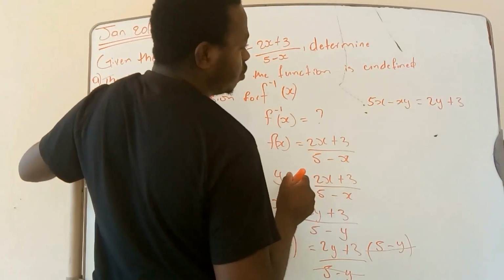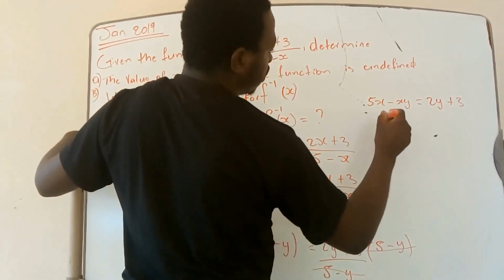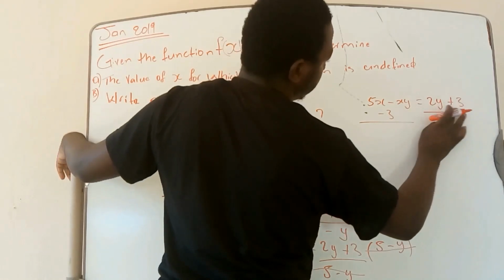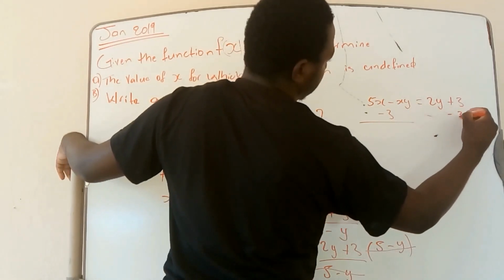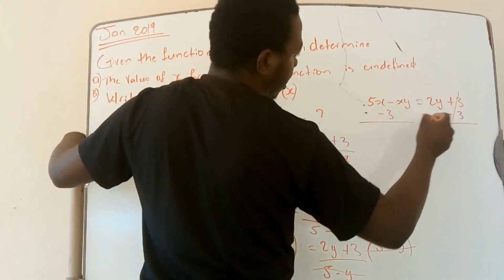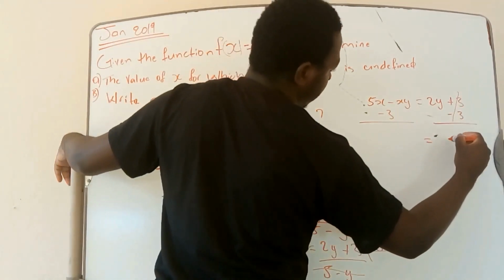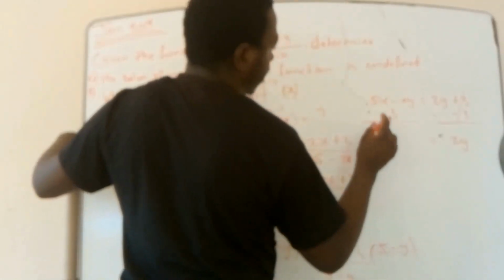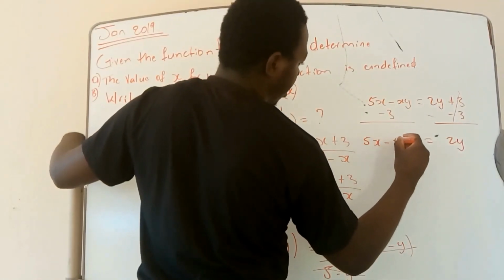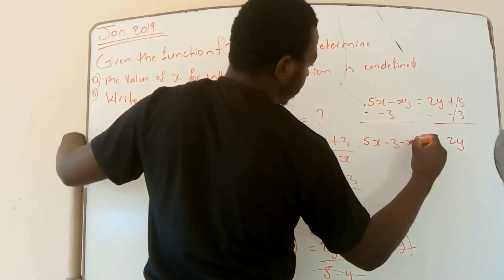So that means I need to subtract 3 from both sides. Positive 3 minus 3 cancels out. So on this side I'm left with 2y. On the other side I'm left with just 5x minus 3 minus xy.